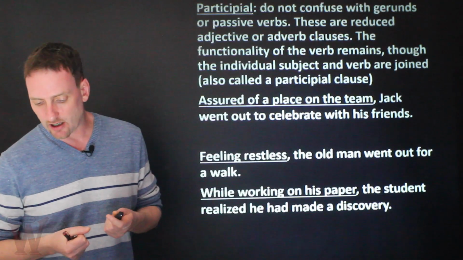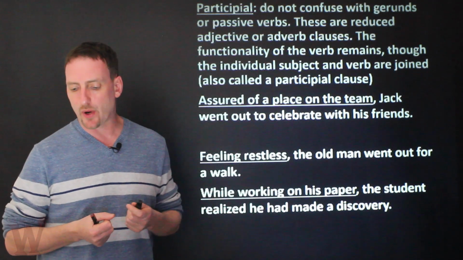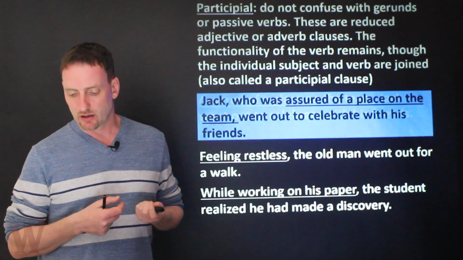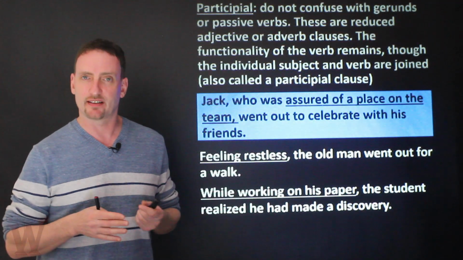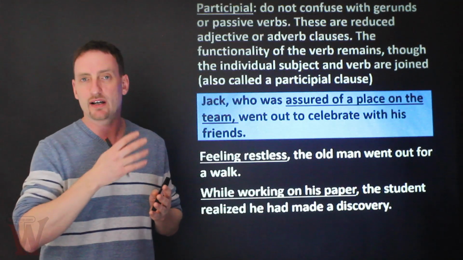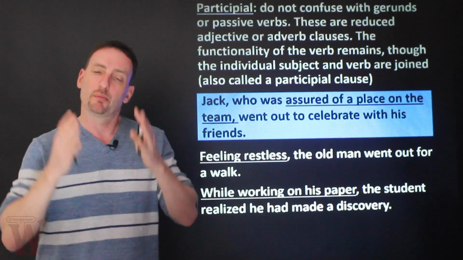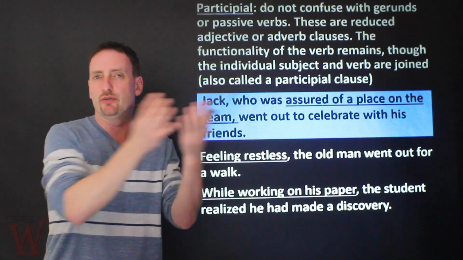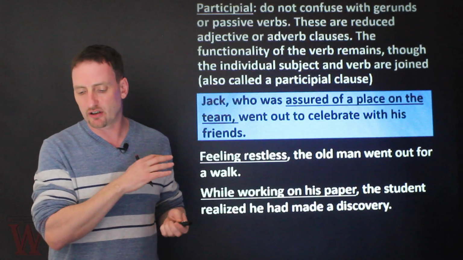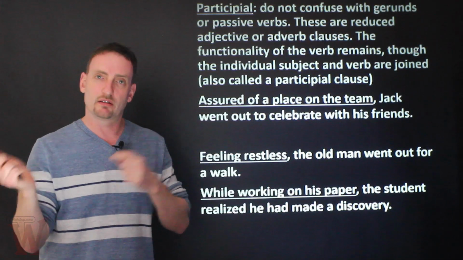Assured of a place on the team, Jack went out to celebrate with his friends. So Jack, who was assured of a place on the team, so I took the adjective clause, I took out the who, I took out the was, now I have a phrase. Because I have a phrase, I can move it around. I can take it outside the clause, put it at the beginning. Assured of a place on the team, Jack was.